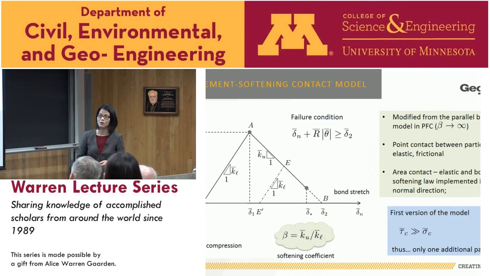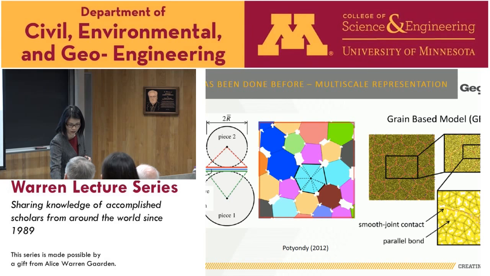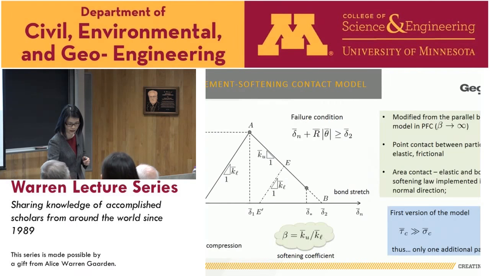So we have been thinking about materials like sandstone. For an approach like the grain-based method, it's perhaps very suited for materials like granite, because the grain sizes are quite large. But for materials like sandstone, it's basically pure quartz with a little bit of cementation.